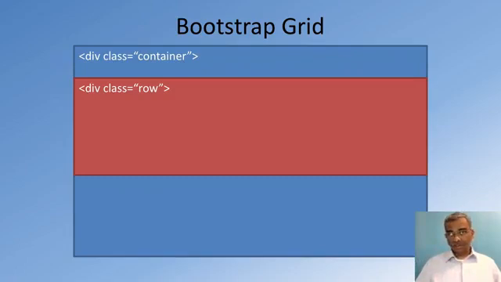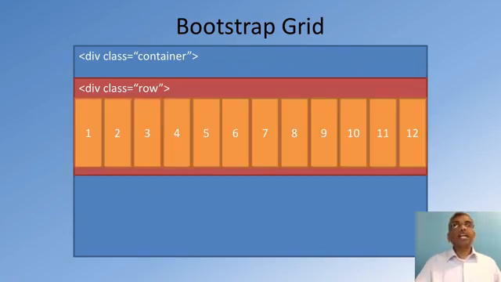And once this is divided into rows, within each row you can then lay out the content using columns. Each row in Bootstrap will be divided into 12 equal sized columns. Now, you can design your content to occupy any number of these 12 columns.